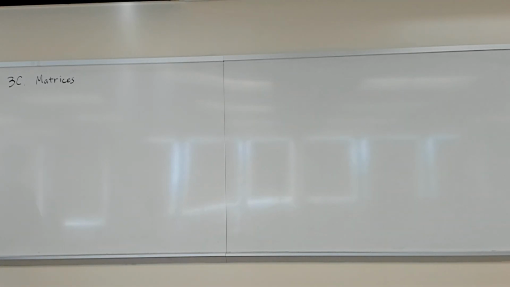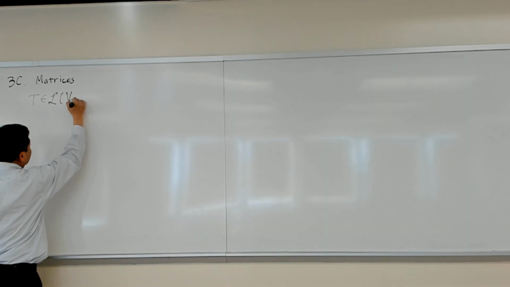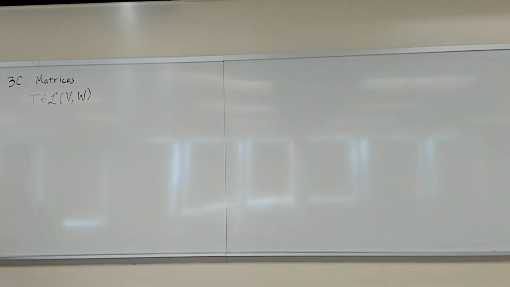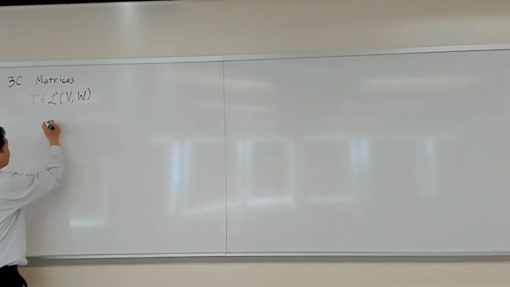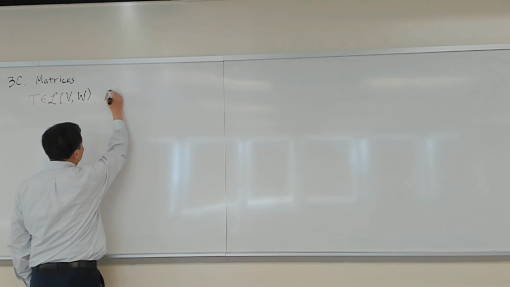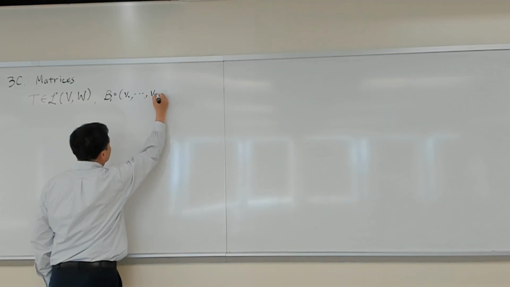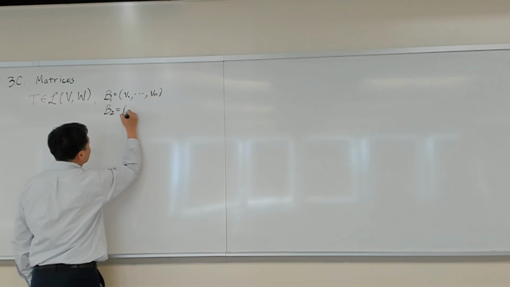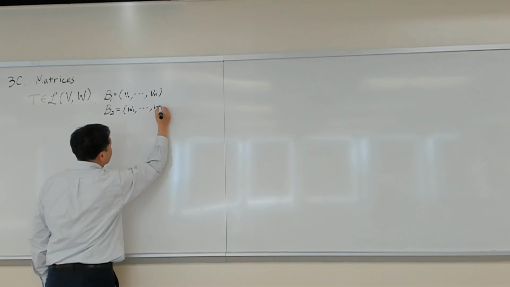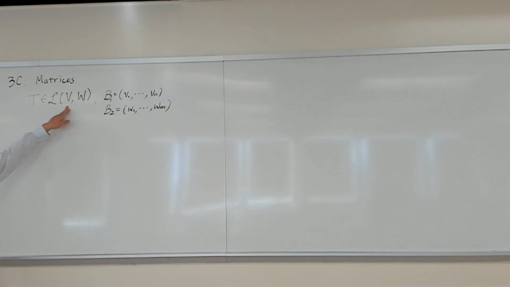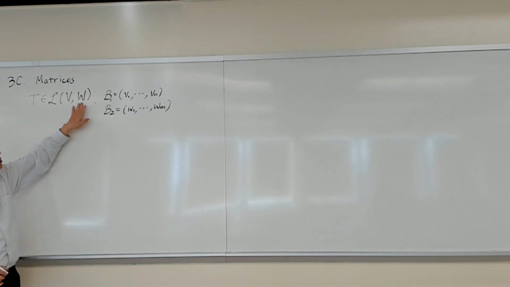So let's say you have a T, a linear map from V to W, with basis 1 for V as V1 through Vn, and basis 2 as W1 through Wm, so that V is an n-dimensional vector space and W is an m-dimensional vector space.